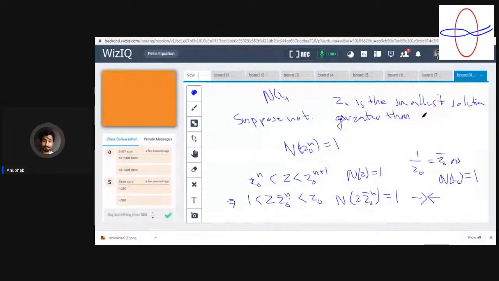We found that z times z naught bar to the power n is in fact greater than 1 but smaller than z naught. So this is a contradiction.